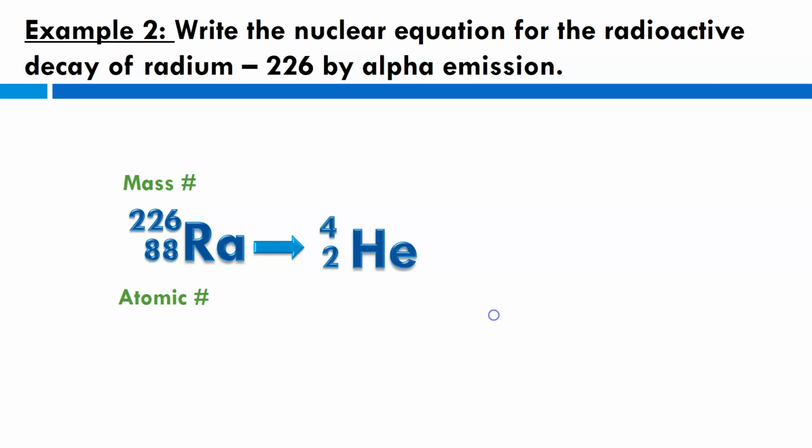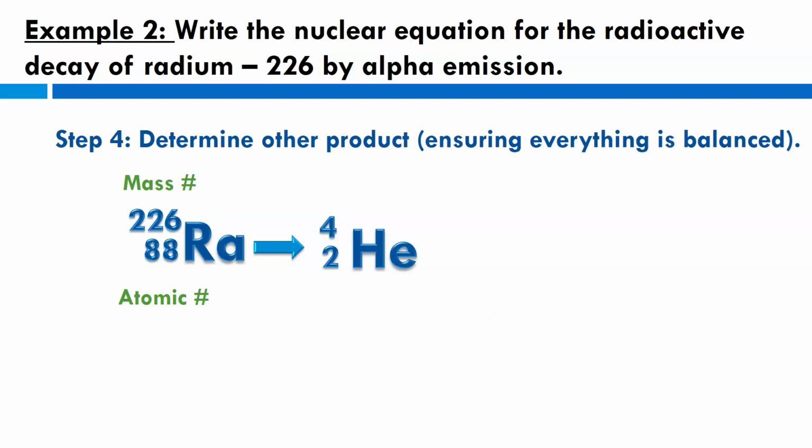Now I'm going to find my missing pieces. So 2 plus 86 will equal 88. If I find 86 on the periodic table, I'm going to see that it's not radium anymore, it's radon. 4 plus 222 equals 226.